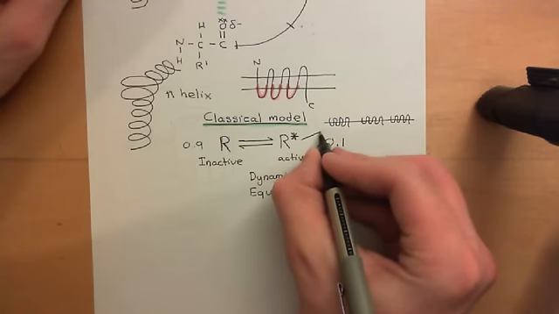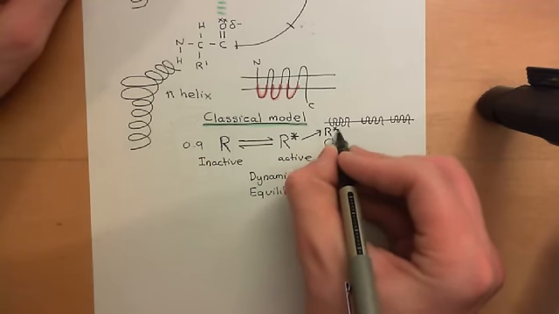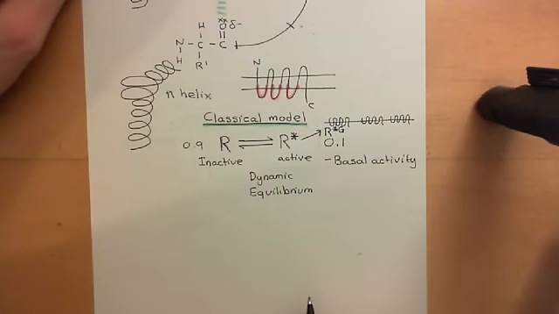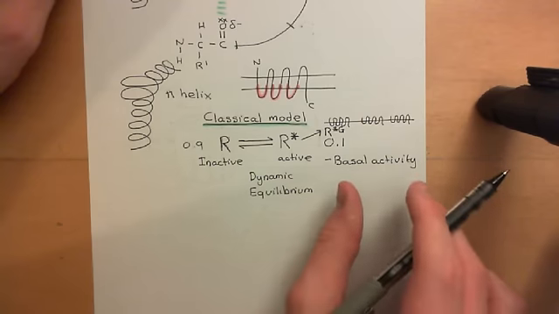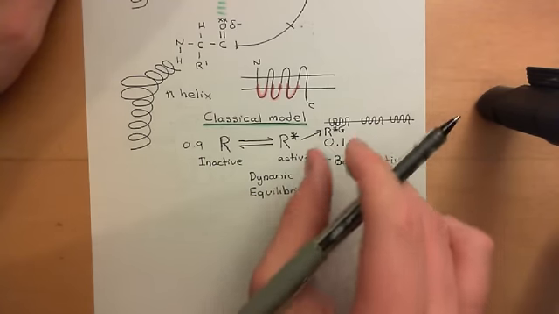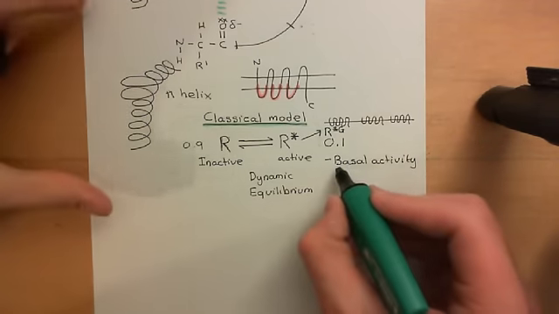In fact, some people put a further arrow here and have the state R star G, where the activated receptor has the G protein bound. So at any one time, a certain fraction of these receptors will be active and capable of activating G proteins long before any ligand molecule has bound.